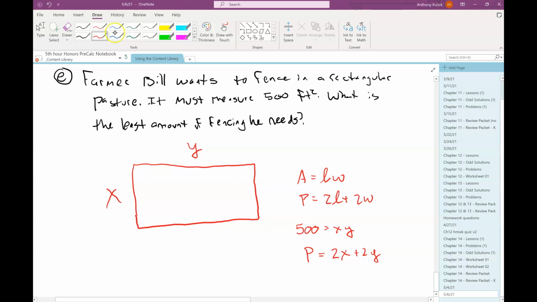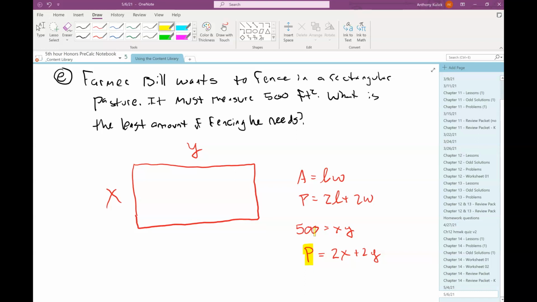So what I want to do is find the minimum value of P. Right now, this equation with P in it has 3 variables. It has a P, X, and a Y. I can't do anything when I have one equation with 3 variables like that.